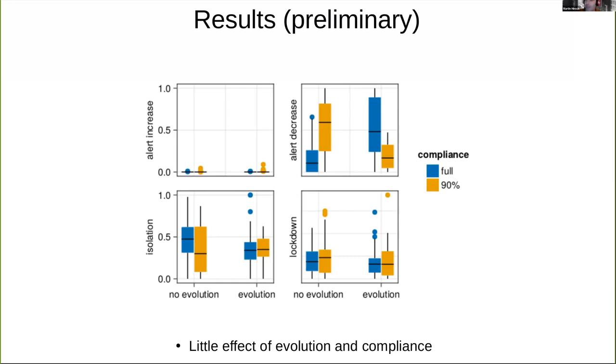So the only area where actually anything interesting happens is up here, but that's the decrease of alertness. So the level of infected individuals at which the government actually starts to reduce its own level of alertness, and that we can assume doesn't have much of an effect in reality.